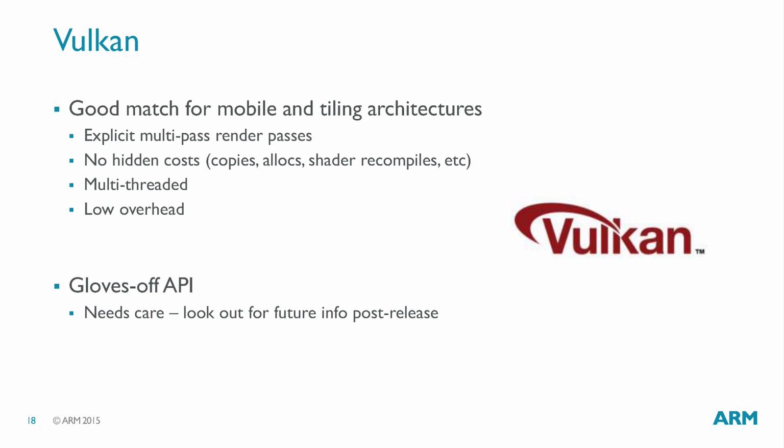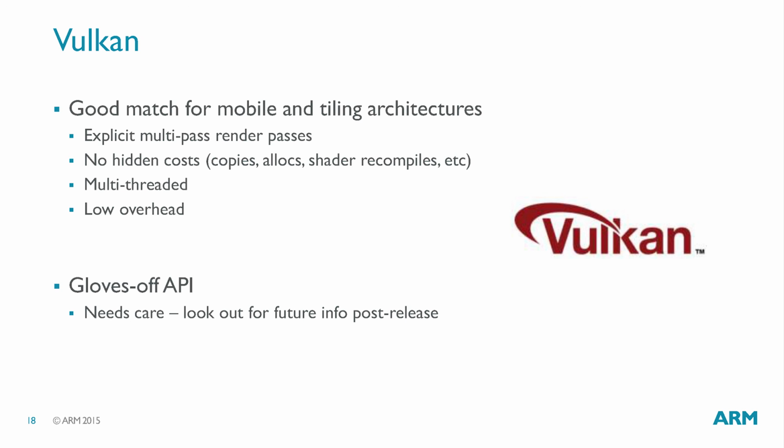So the GLES APIs that exist currently are lovely in the sense that they're simplish to use and they're familiar, but they make the CPUs do a lot of work, and they are not multi-threaded, and they have hidden costs. And they're also designed in an environment where tile-based GPUs were uncommon to some degree, and so they don't have what I was talking about earlier, this explicit notion of a render pass, right?